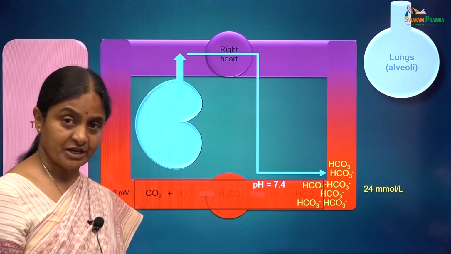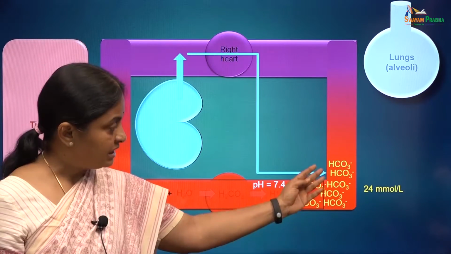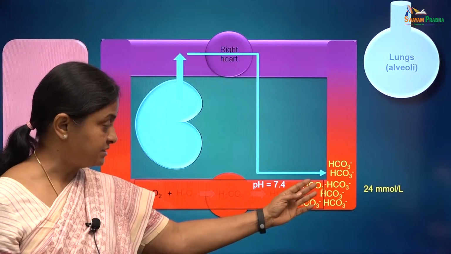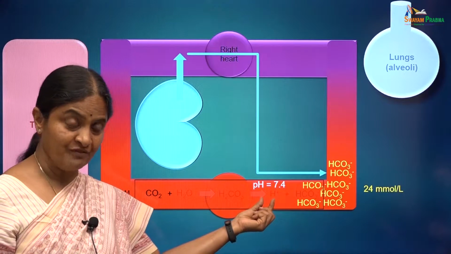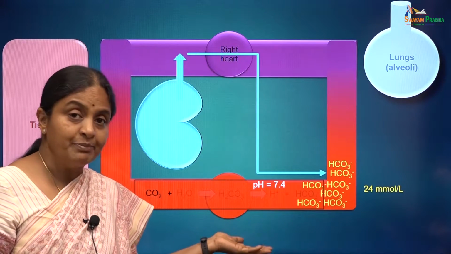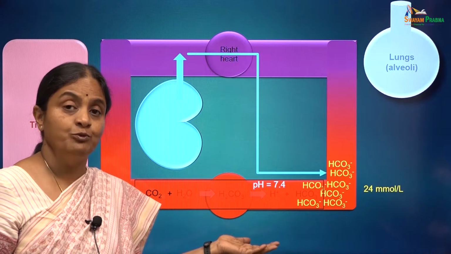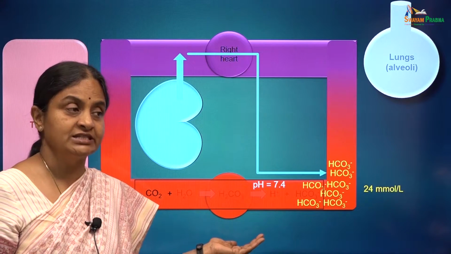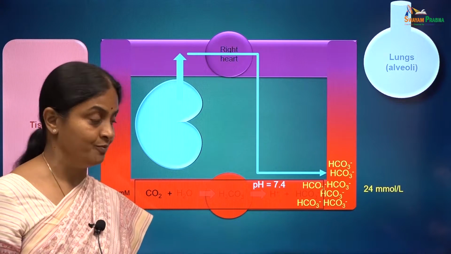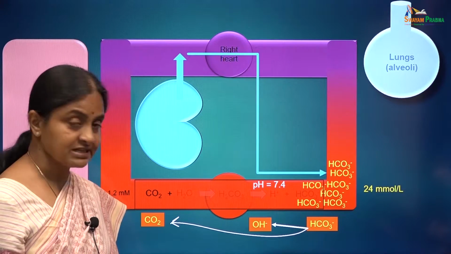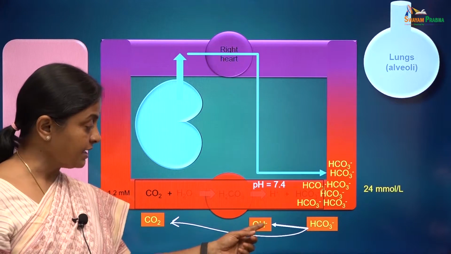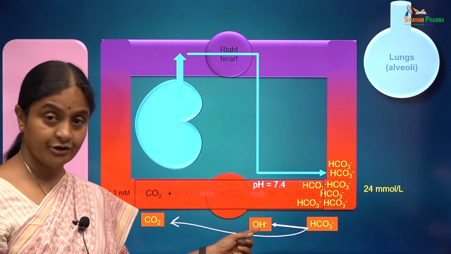Some of you might have that question. If an excess of bicarbonate is present, new protons may not be formed, but what happened to the protons that are there in water already? Why is pH not 7 but 7.4? The answer to this is that bicarbonate can ionize to form hydroxyl ions.